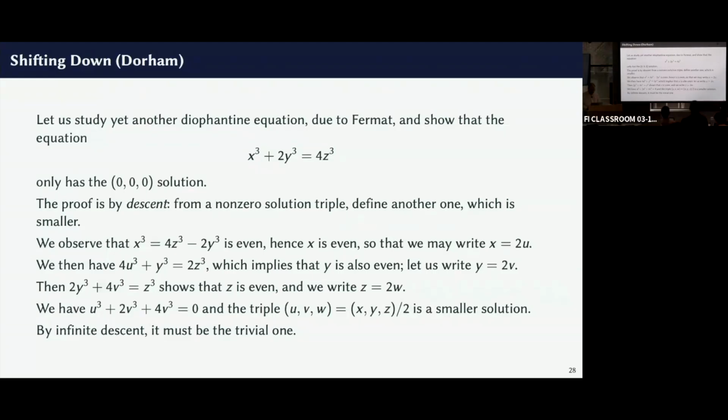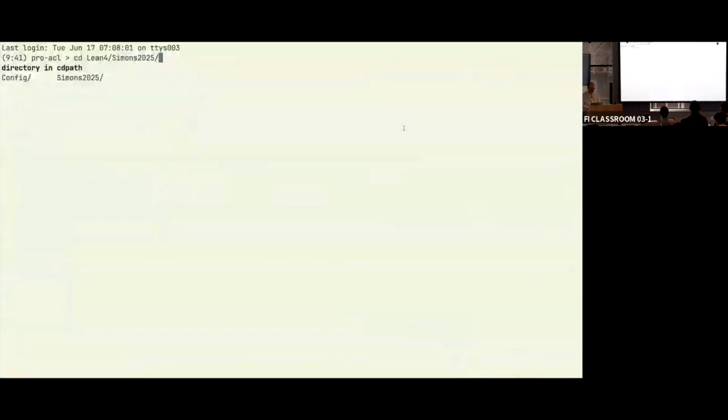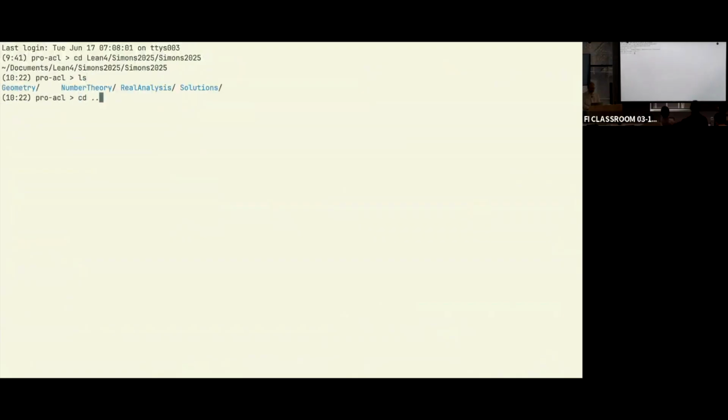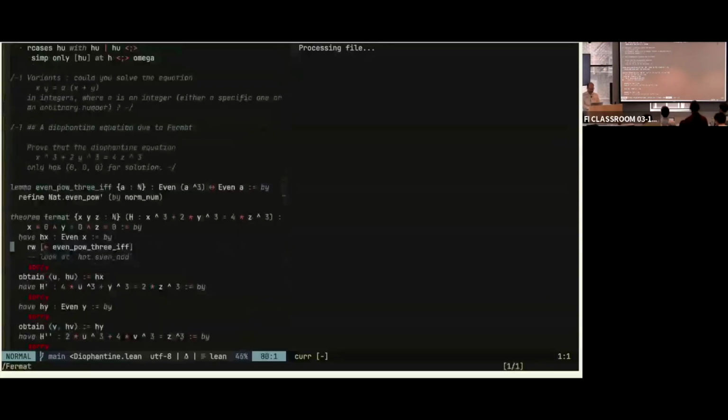There's something I want to show you on that proof, but I'll show you on the other one because I don't want to show you the solutions. So here is a proof.